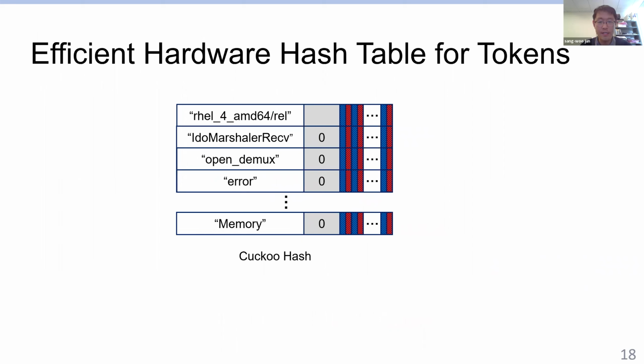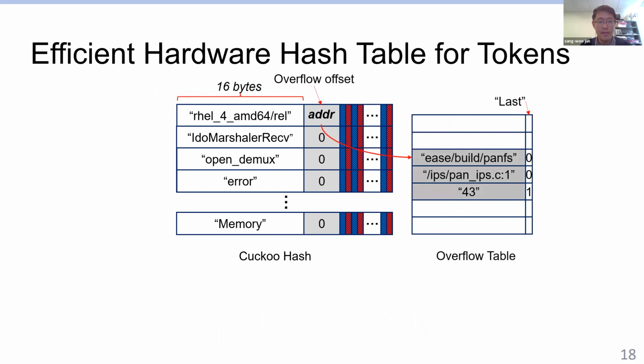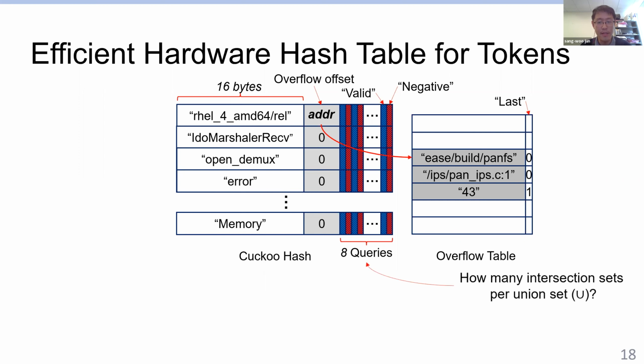Given a cuckoo hash implemented inside FPGA block RAM, each of the tokens is assigned 16 bytes in size. Of course, because each token can actually be larger than 16 bytes, we also have an overflow table implemented inside FPGA block RAM. In our prototype implementation, we have 8 sets of flag pairs for valid and negative flags, representing 8 potential queries. So how many intersection sets can we have per union set?